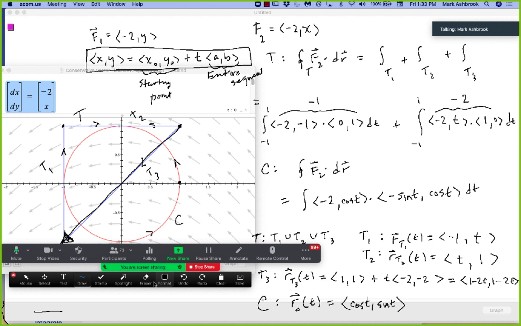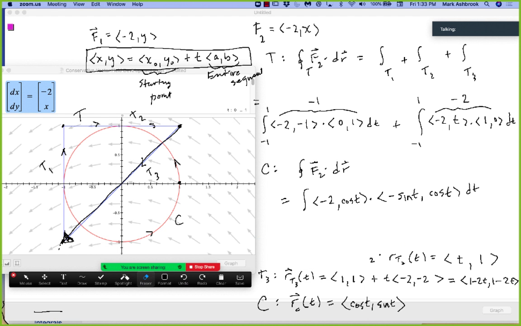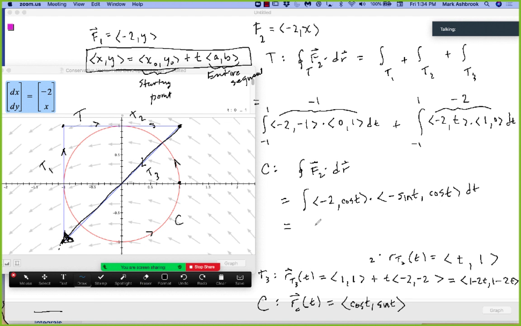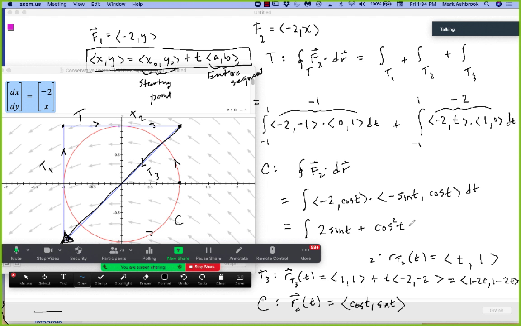So I think we don't need path T anymore, so I'm going to give myself some more room. Looks like 2 sine t, but this time plus cosine squared, and t goes from 0 to 2 pi.